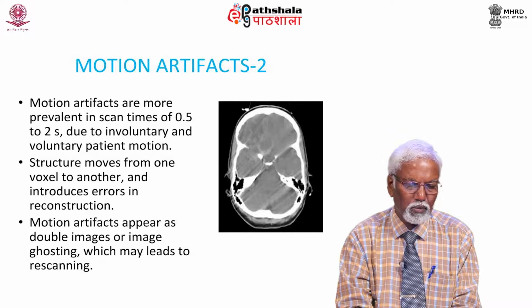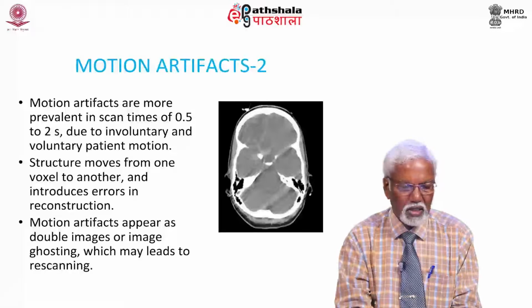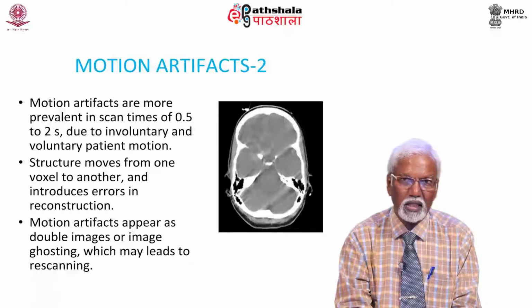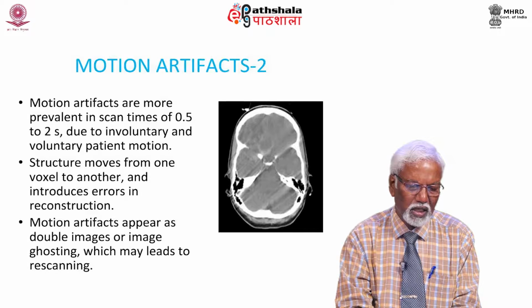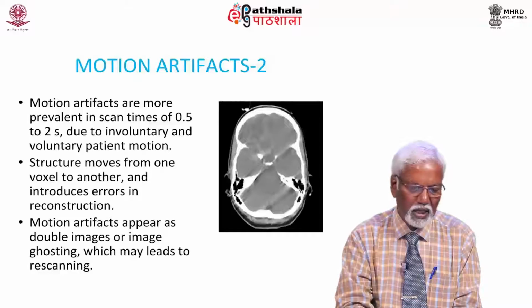Motion artifacts are more prevalent in scan times of 0.5 to 2 seconds due to involuntary and voluntary patient motion. Structure moves from one voxel to another and introduces errors in reconstruction. Motion artifact appears as double images or image ghosting, which may lead to rescanning.